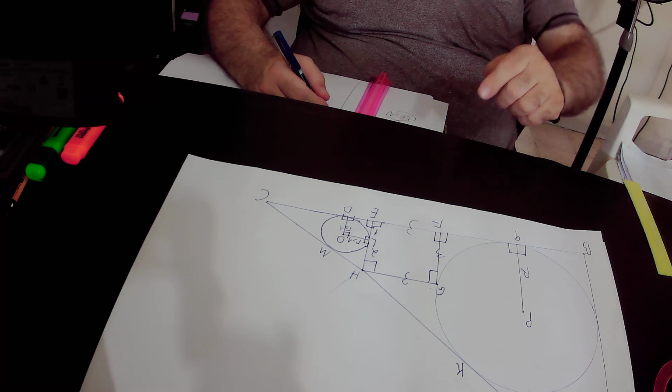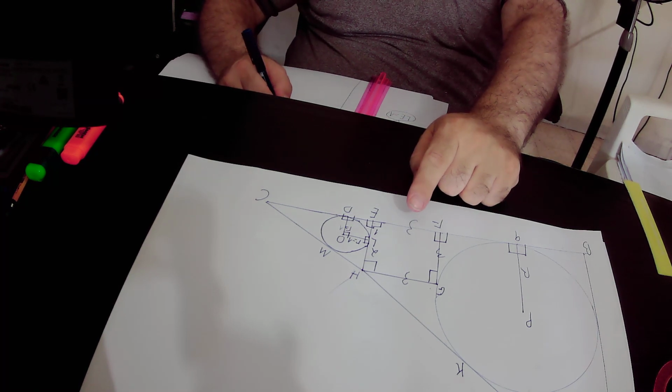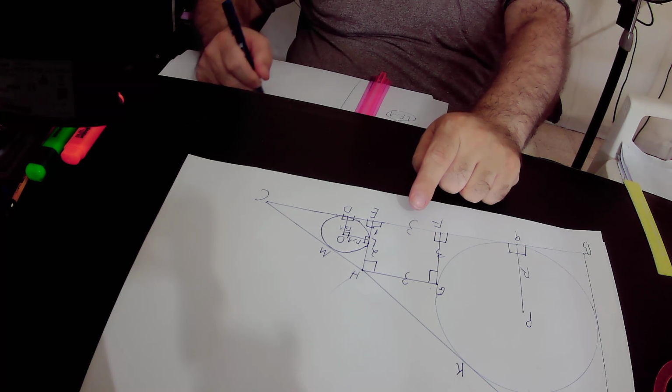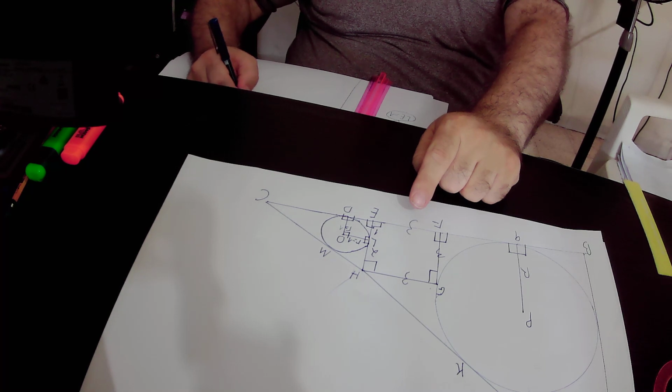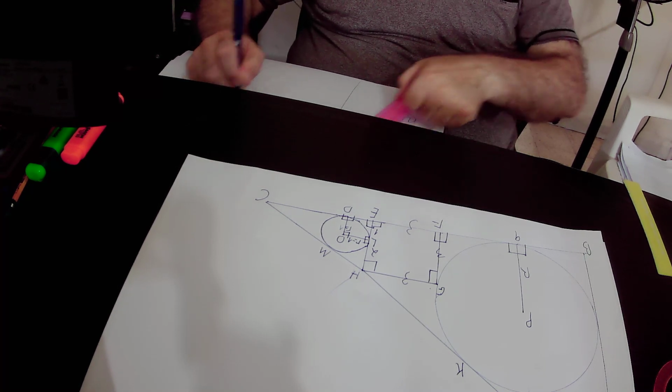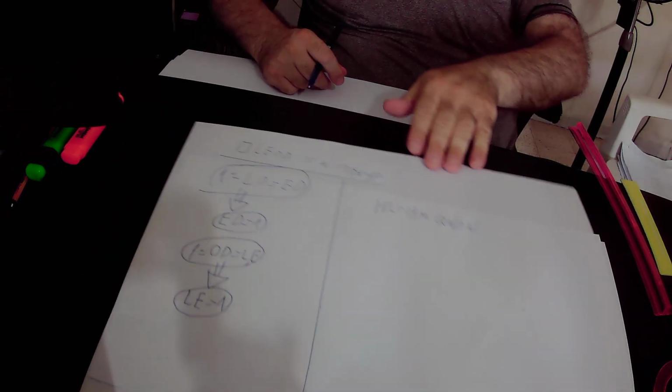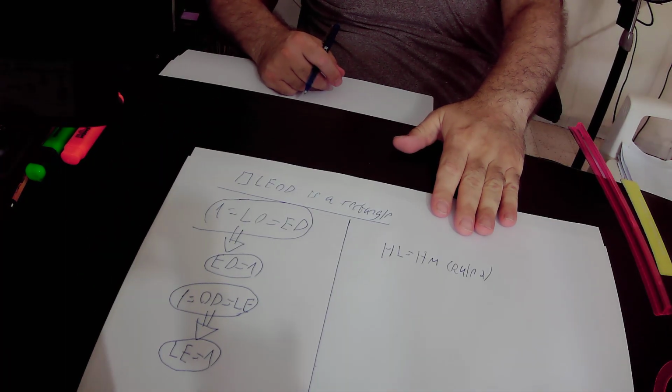But edge L is equal to edge M, according to rule number 2. I'll repeat again, edge L equals edge M according to rule number 2.